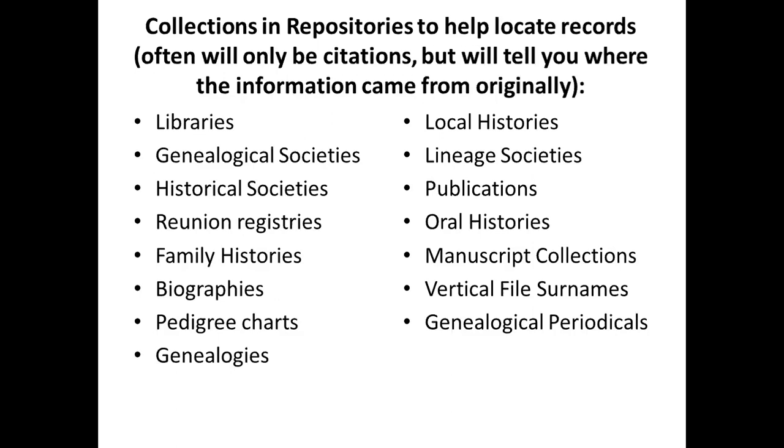Manuscript collections, vertical file surnames, and genealogical periodicals. So those are several different types of collections that you can find records in without having to spend an arm and a leg, typically. Sadly, a lot of these places you aren't able to access at the moment, but most of these, people are still working there, and you can call and try to get in touch with somebody who can help you with most of these.